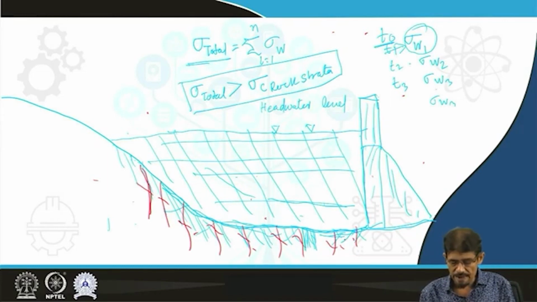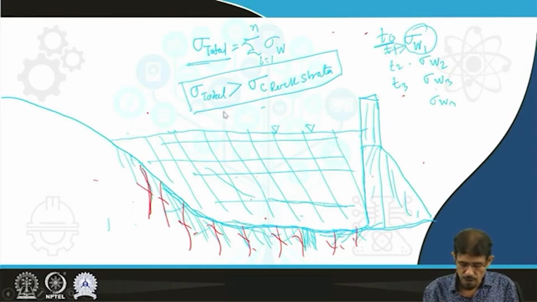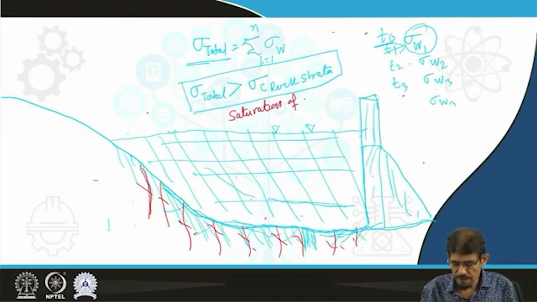On another side, the evolution of cracks and fracture is also supported by the enhanced saturation of some part of rock strata lying below the reservoir.